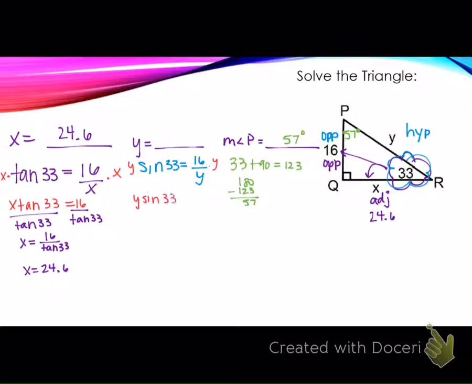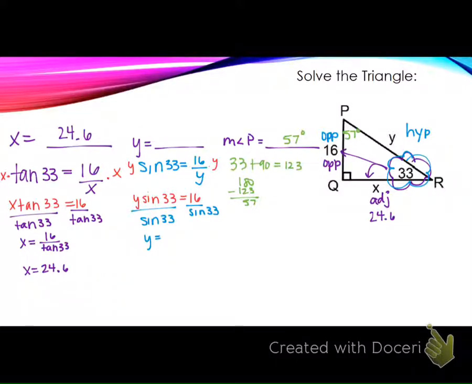Cole, if we have y sine of 33, is it time to put in our calculator yet? No, you have to divide by sine 33. So what's 16 divided by sine of 33? What'd you say? 29.3 or 4? Which one?